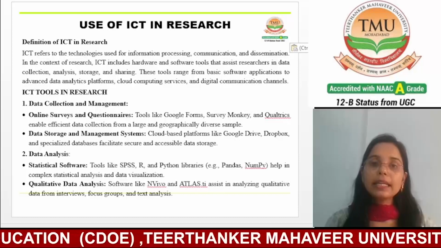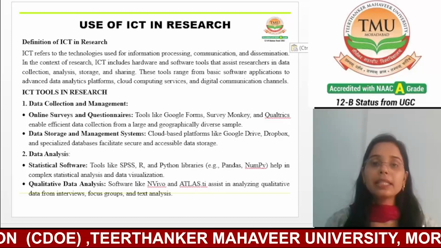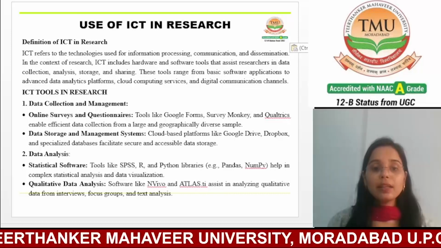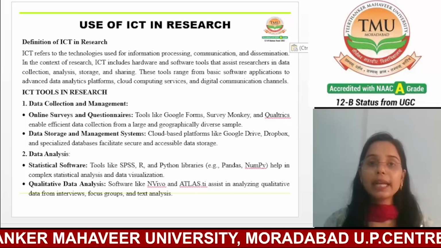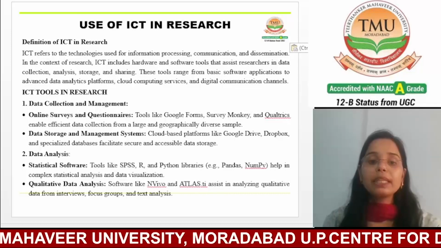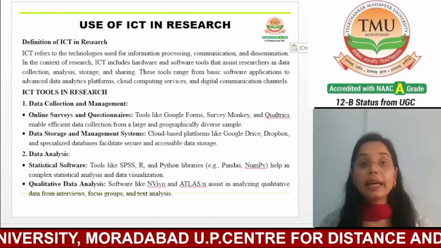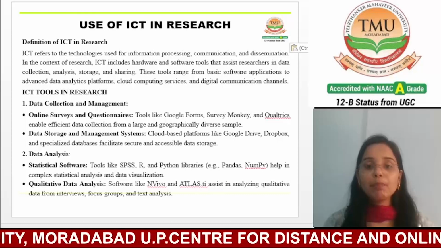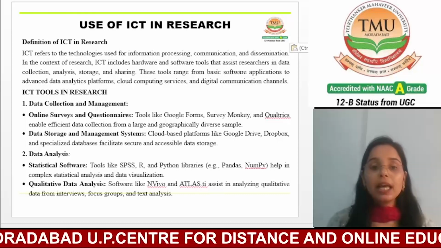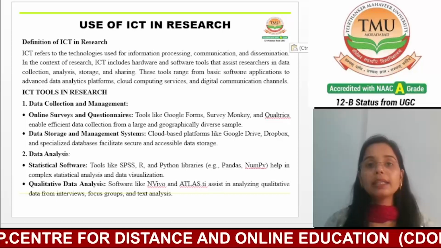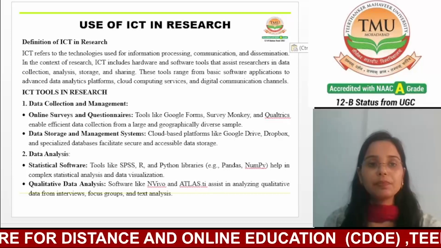Now, the second one is data analysis. Again, data analysis we have categorized into two. The first one is statistical software, and the second one is qualitative data analysis. Tools like SPSS, R, and Python libraries help in complex statistical analysis and data visualization.